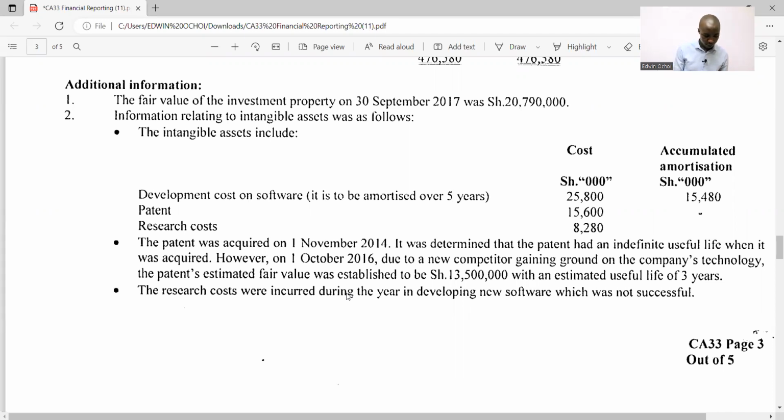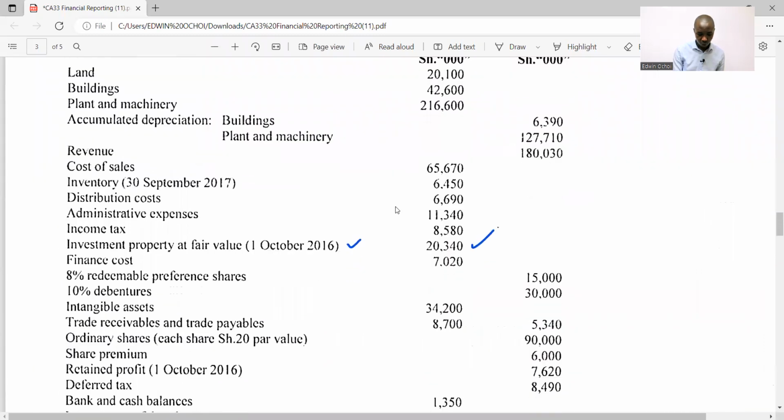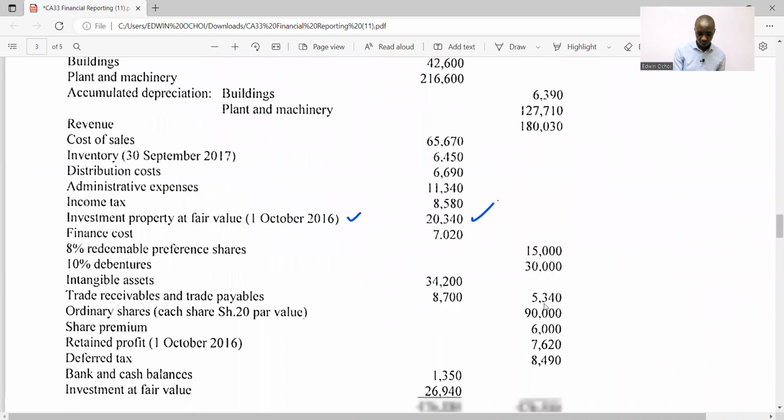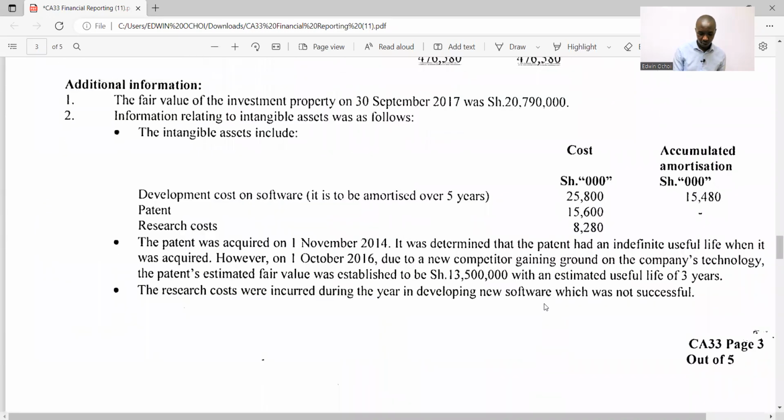So let's start from number 1, about investment property. There was an increase if you compare with the start of the year. Remember that our financial year starts on 1st October 2016. The investment property was stated at 20,340, but at the end of the year it is stated at 27,990. So that is an increase.